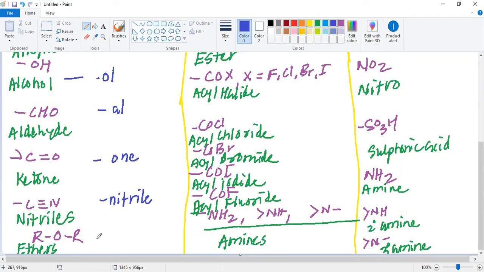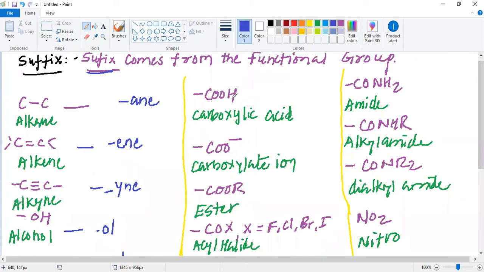For ethers, please remember that there is no suffix for ether, so ether will always be available as a prefix, no suffix for ether. Then if we have carboxylic acid, my dear students, we may write oic acid. Then for carboxylate ion, we may write OATE.